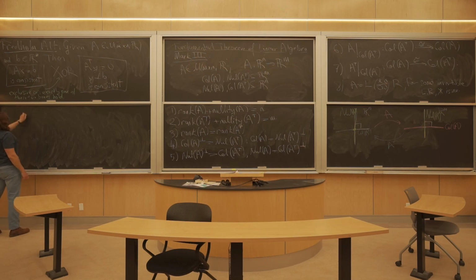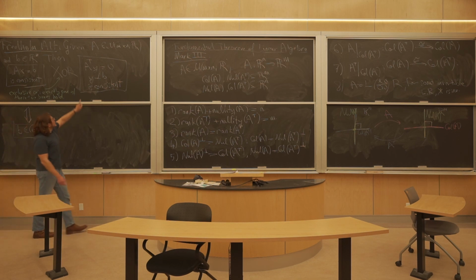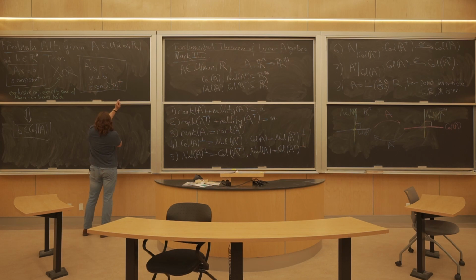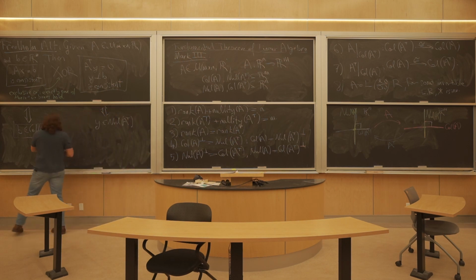So this box is the same thing as saying that b is in the column space of A. And that box, at least A transpose y equals 0, means y is in the null space of A transpose, and y is perpendicular to b.